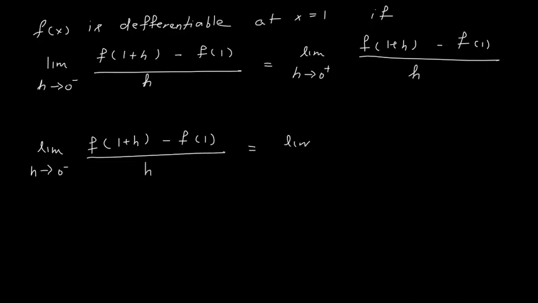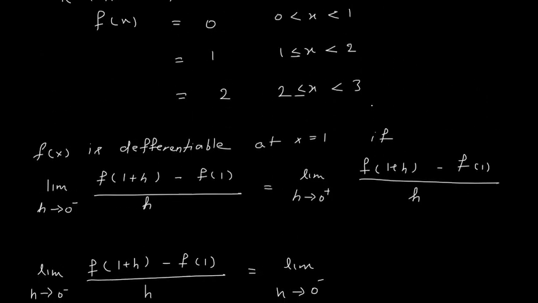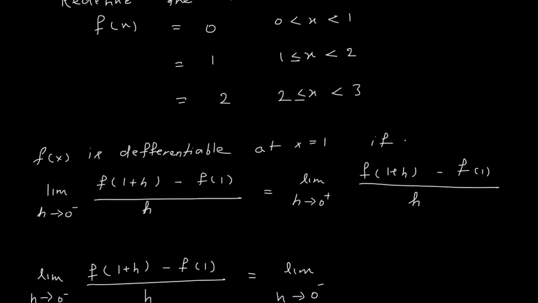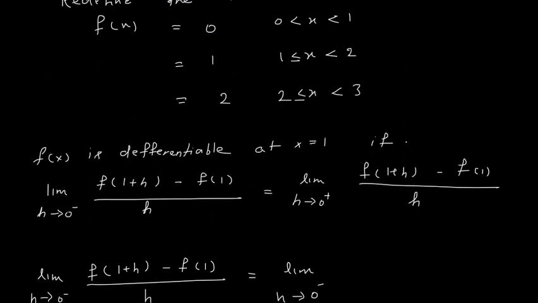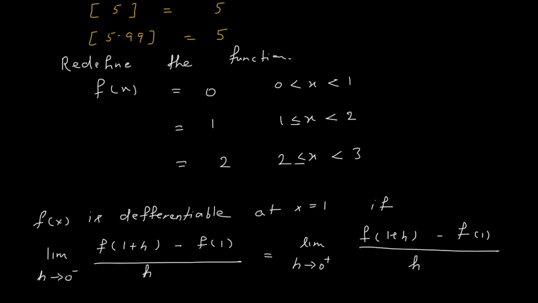This will be equal to the limit as h tends to 0 minus of f(1+h)... Now when I am taking h as less than 0, 1 plus h will become slightly less than 1. So when I am taking a value less than 1, my function's value is 0.